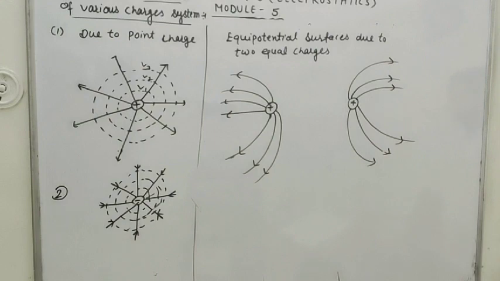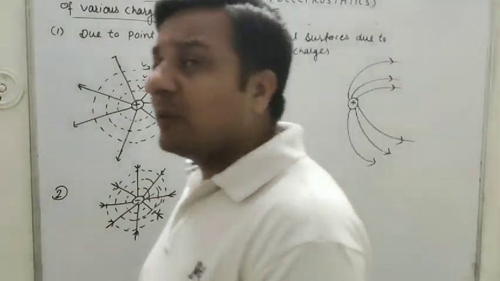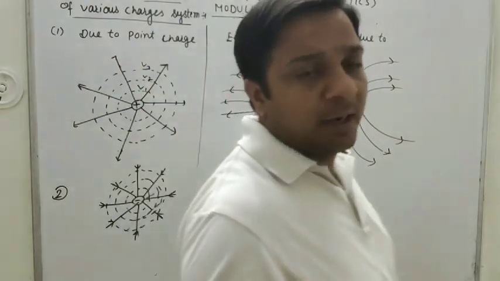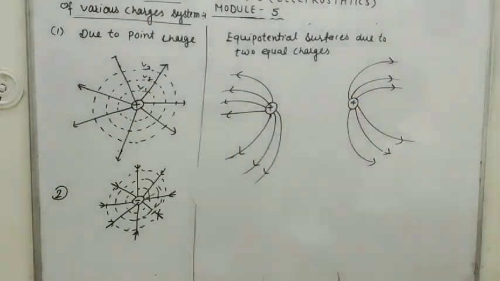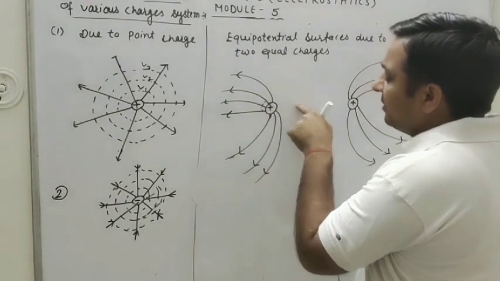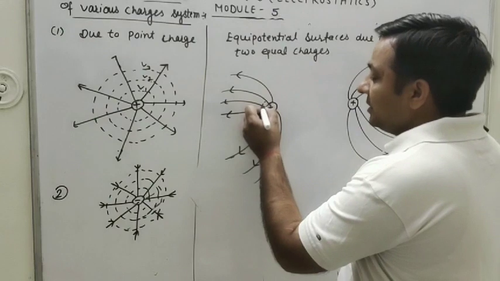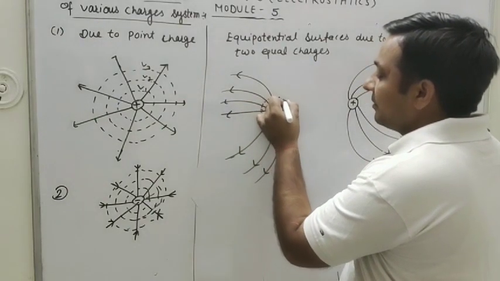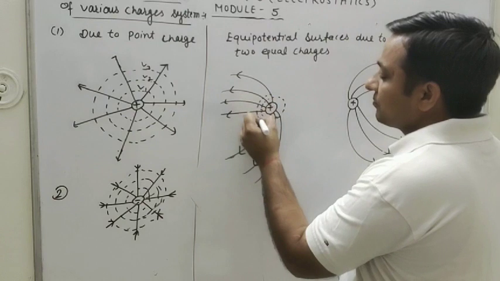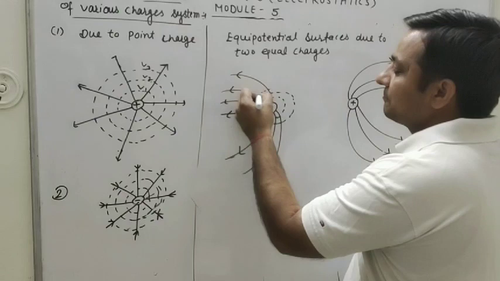Now, the main thing is the equipotential surface. Because they repel each other, and the two charges are of equal nature, definitely in the mid region the electric field is very weak. If the electric field is very weak in this region, the equipotential surfaces are at far distances, right? You got my point, perhaps.